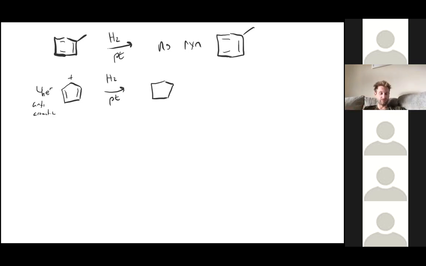It's going to very quickly reduce down. If we threw in the aromatic version of this, we get no reaction.